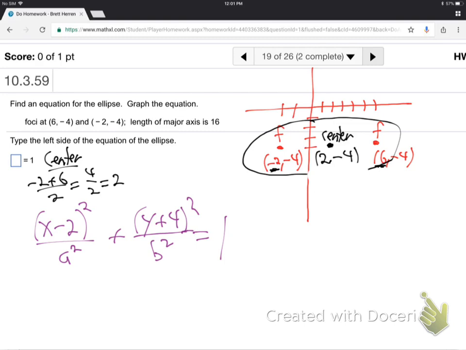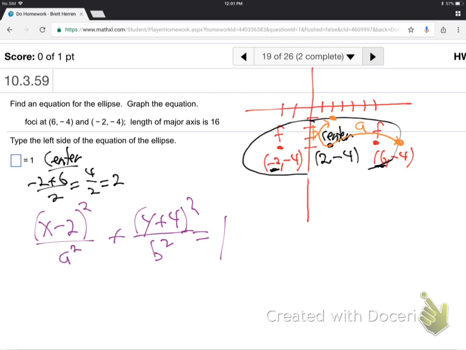Yeah, now we have to figure out the edges. Because that's what a and b are, aren't they? A is how far over to there. That's what A is. A is from the center to the edge. B is from the center to the edge, up and down.